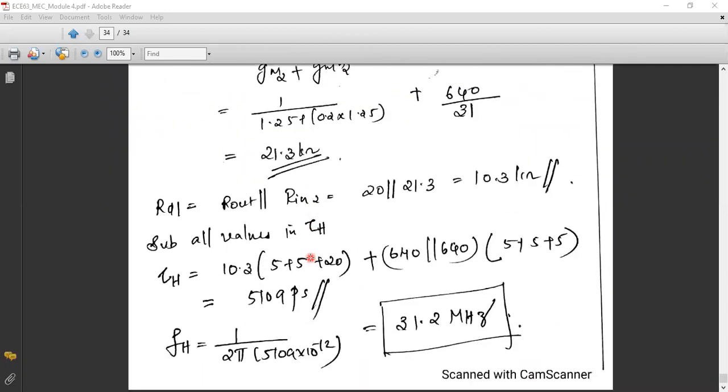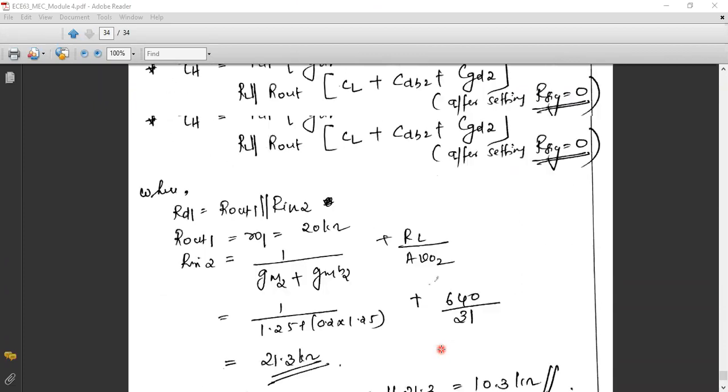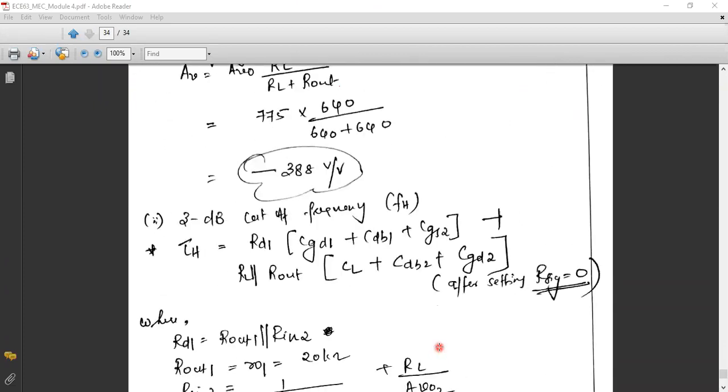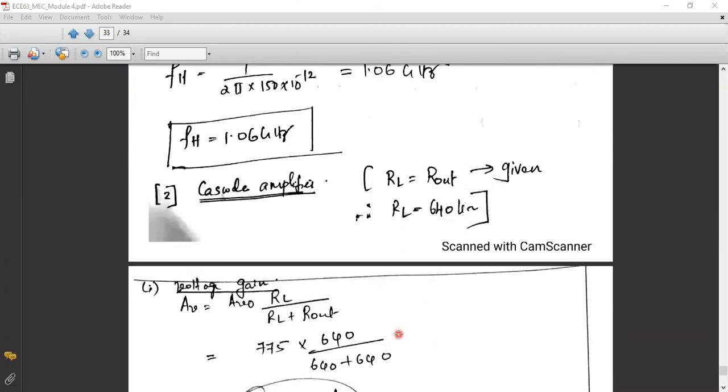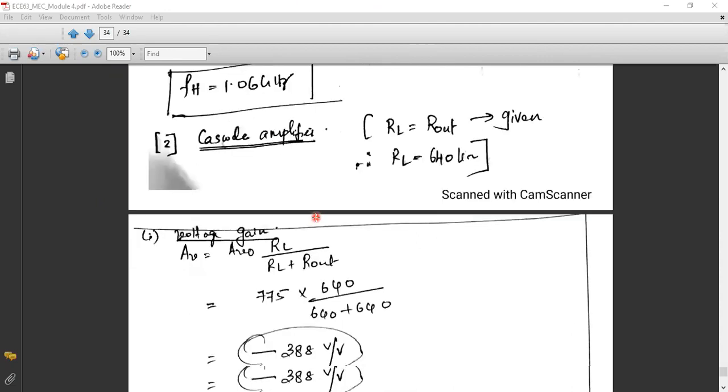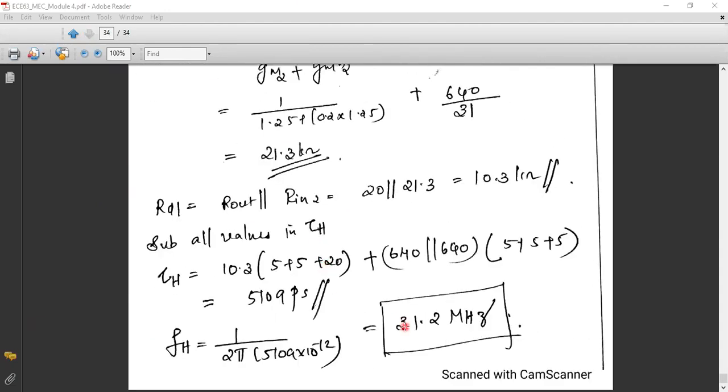Now, similarly, you compare the frequency 31.2 megahertz and the other one, 1.06 gigahertz. If you multiply this 31.2 with 31, you will have 970.3, something like that. That will be close to 1 gigahertz, right?